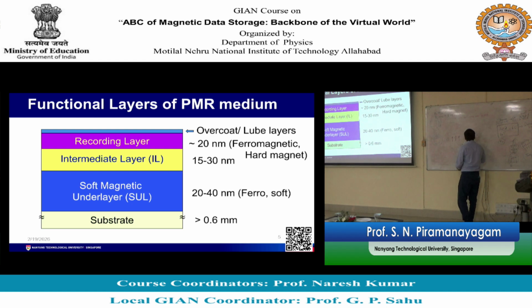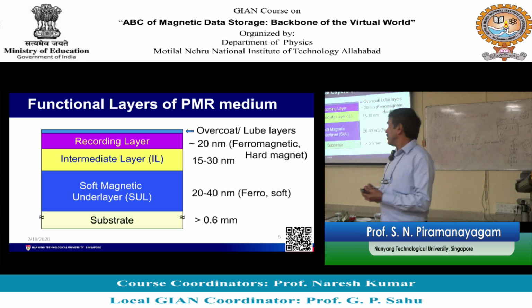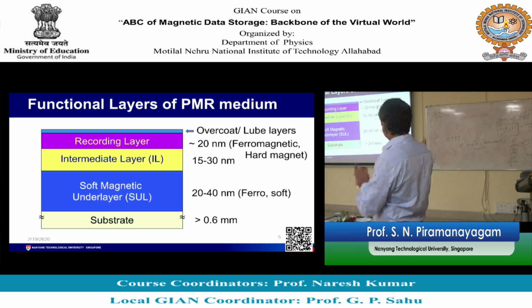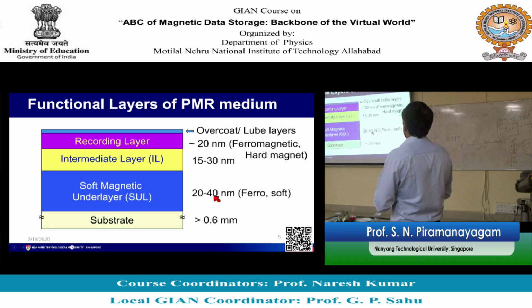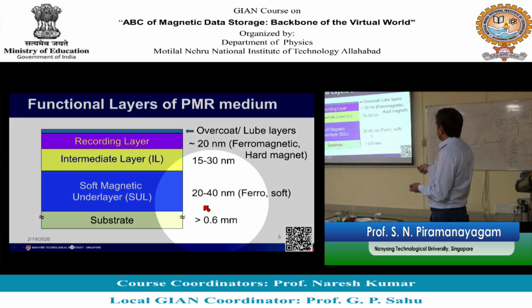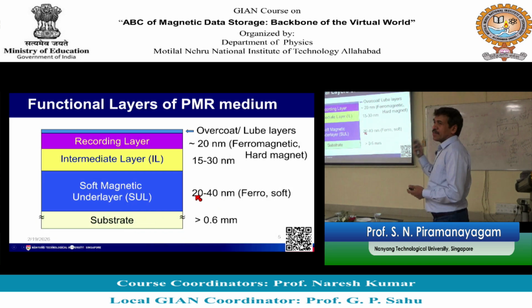One way to look at it is, let us say you achieve the desired properties at this thickness, then will you choose 100 nanometer? No, right. If you can achieve the desired properties within this thickness, you do not go for higher thickness. Why we do not go below this thickness is because we cannot achieve the desired properties.